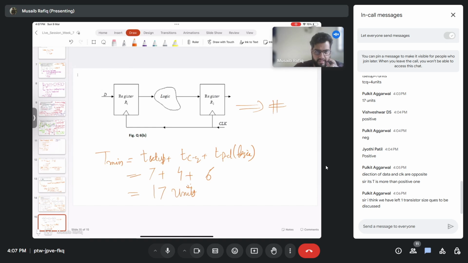So basically, in a combinational CMOS circuit, has he discussed sizing of transistors? Anyways, if he hasn't, it doesn't matter.